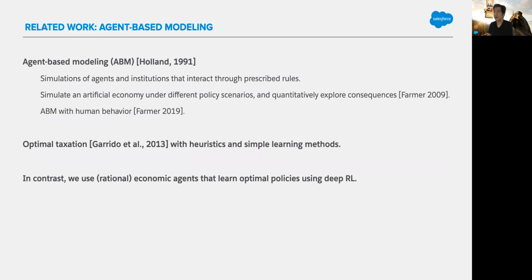Now, another feature of this work is that it's simulation-based. And in economics, there's a strand of work called agent-based modeling. In agent-based modeling, people try to simulate agents and institutions that might interact through some prescribed rules. Now, the biggest limitation of that work is that they often don't use learning, and they often use very simple rule-based agent policies and institution policies.